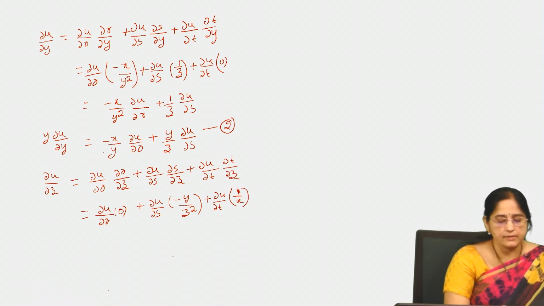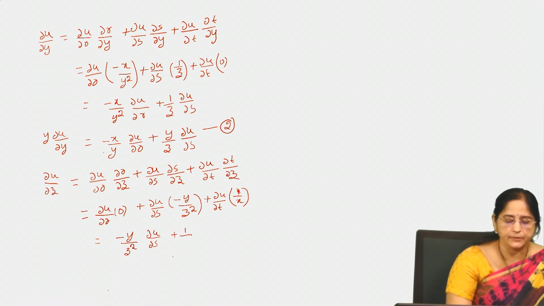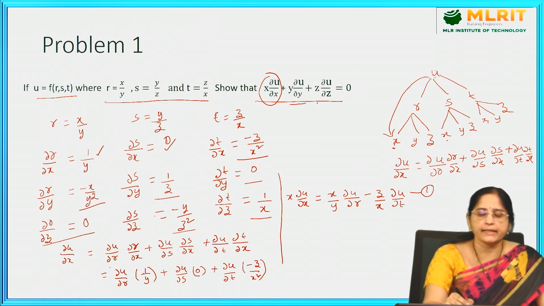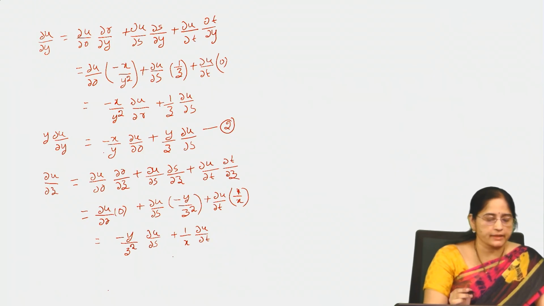So, this is 0, since 0 into anything is 0. This is minus y by z square into dou u by dou s, plus 1 by x into dou u by dou t. Here we need to calculate z into dou u by dou z, so multiply this with z.